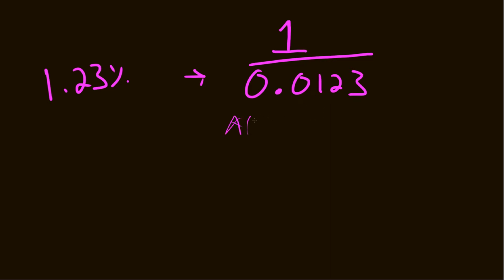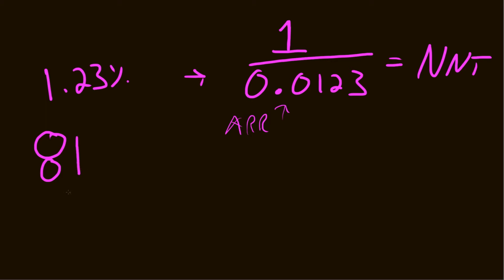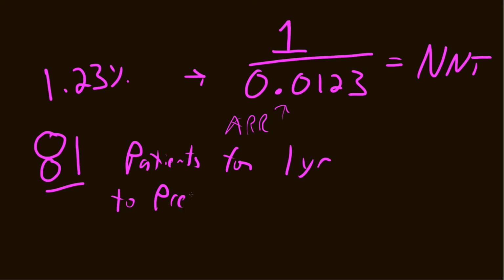This is the ARR, this one here. And that is going to equal the NNT. So do the math real quick, and what do you get? 81. You have to treat 81 patients for 1 year to prevent 1 stroke. 1.